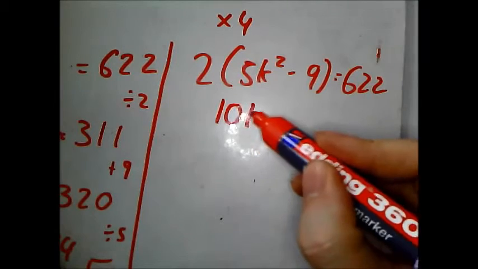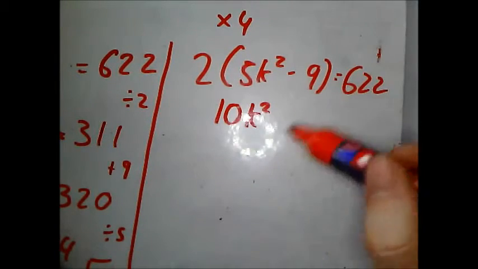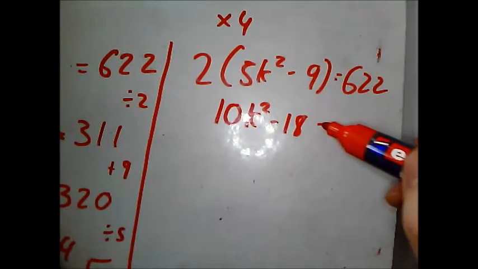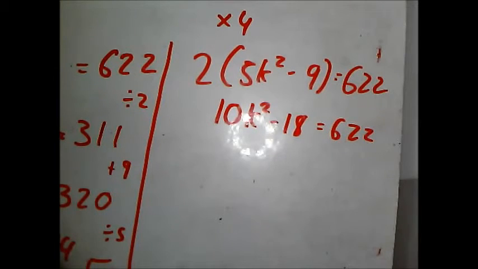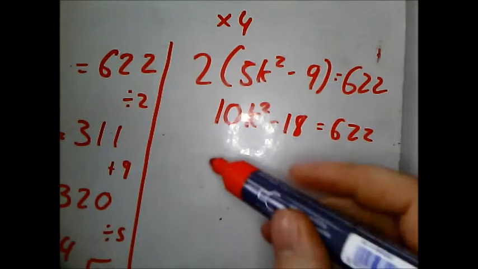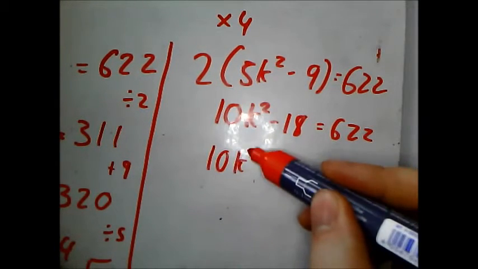Let's show you the second way you could have done this. So, you might have also been tempted to expand the bracket first. So 2 lots of 5k squared is 10k squared. 2 lots of negative 9 is negative 18.